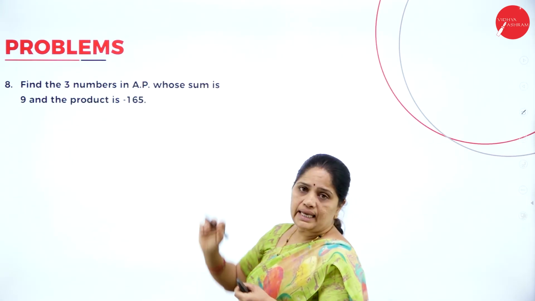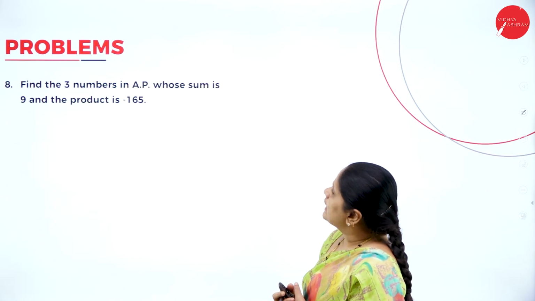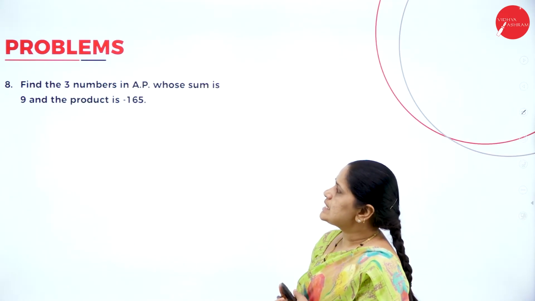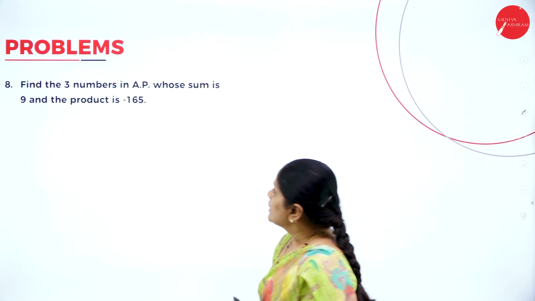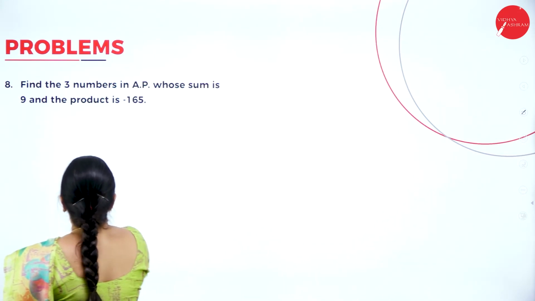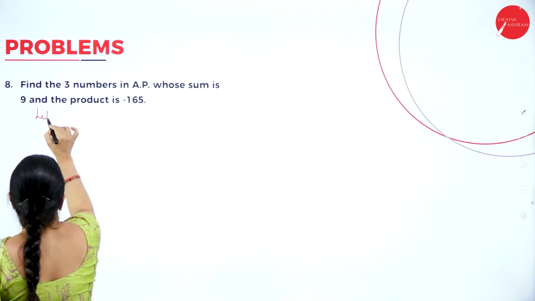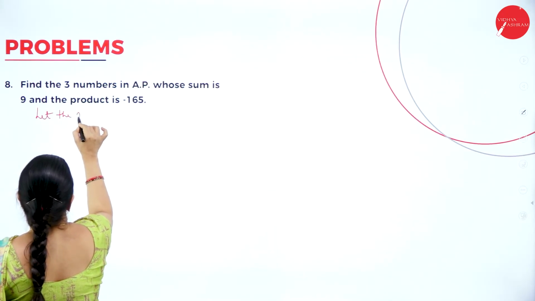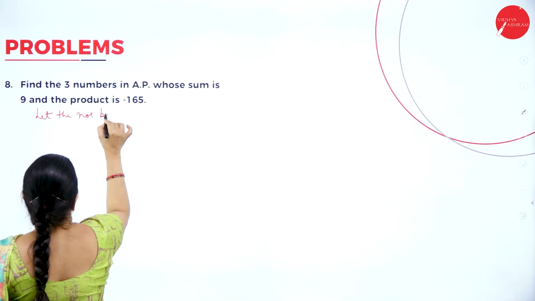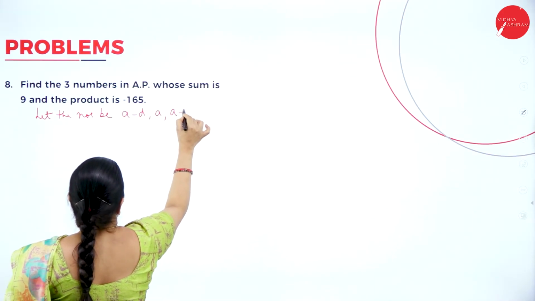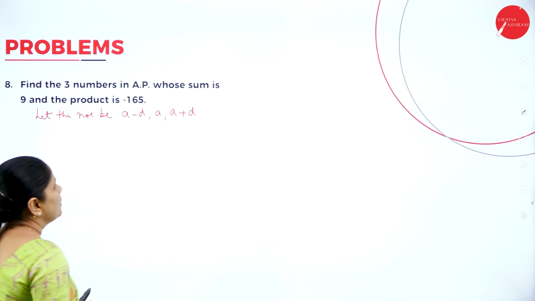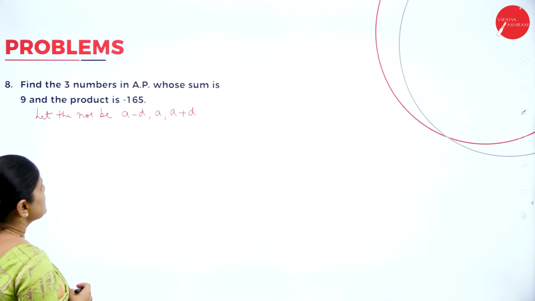Now, in the 8th problem, find the 3 numbers in AP whose sum is 9 and the product is minus 165. So, let us write, let the numbers be A minus D, A, A plus D. Okay, and whose sum is 9.